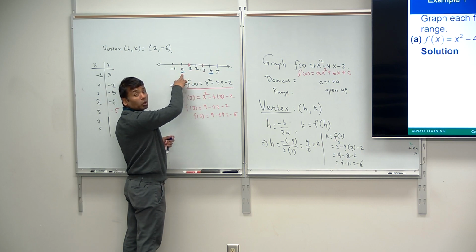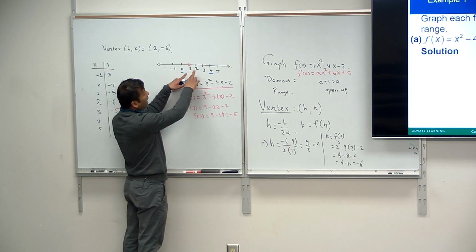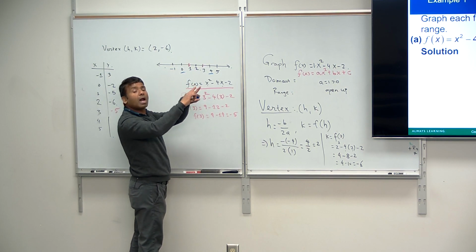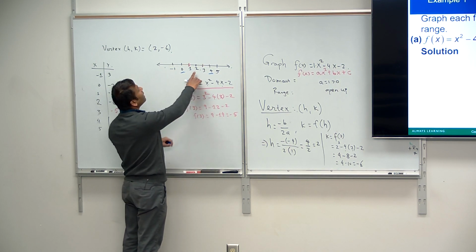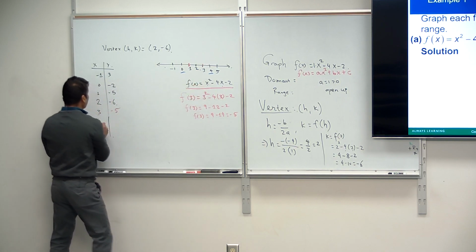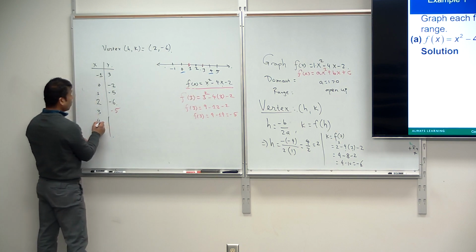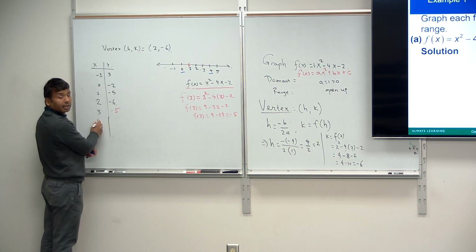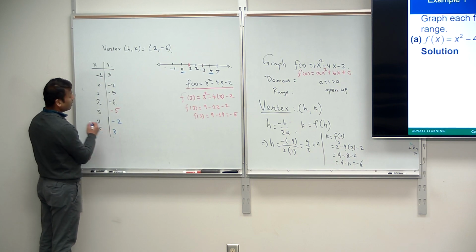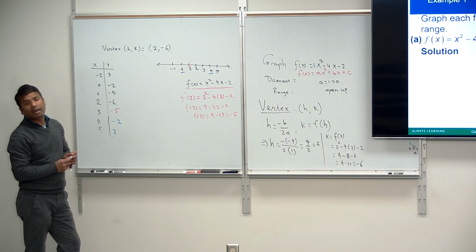And this is also 2 units. Right? So they are at equal distance from the x value of the vertex. So if you evaluate this quadratic function at x equal to 4, what would you get? Negative 2. And this will be what? 3. Are you guys with me?